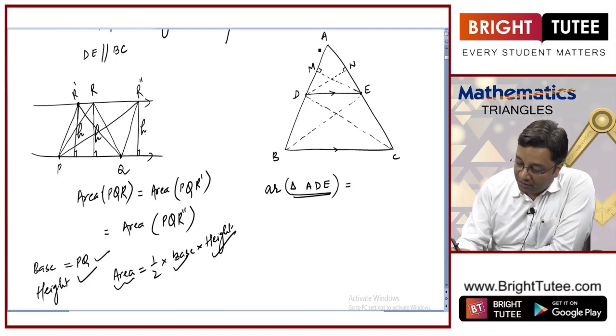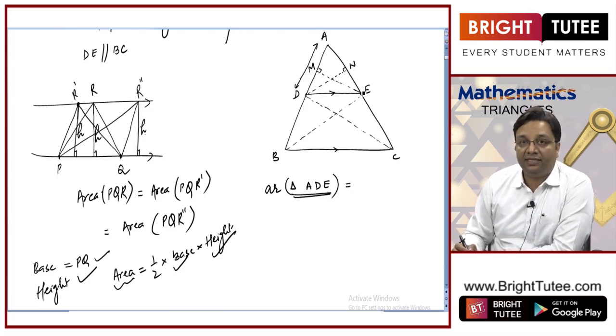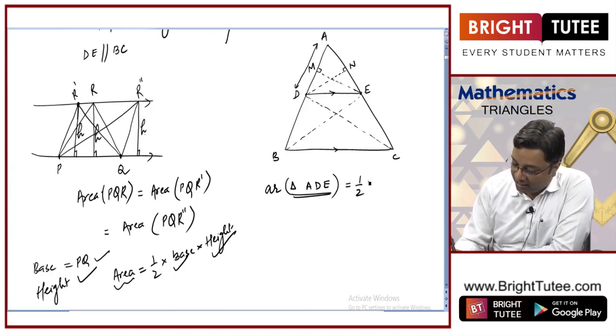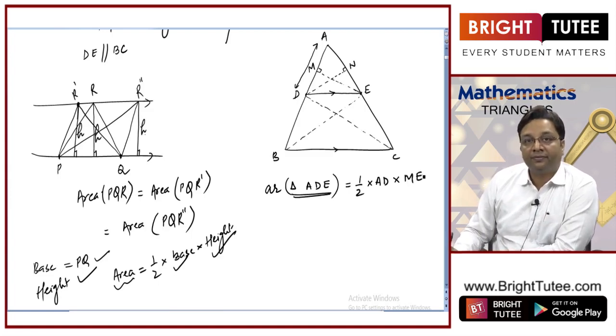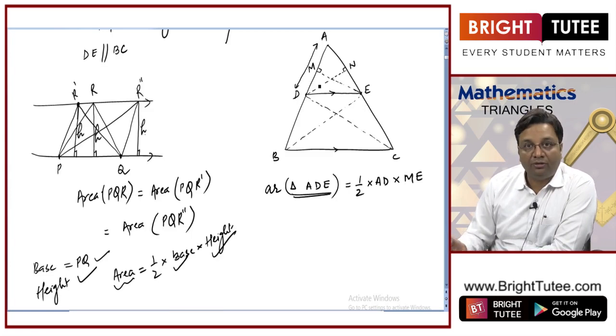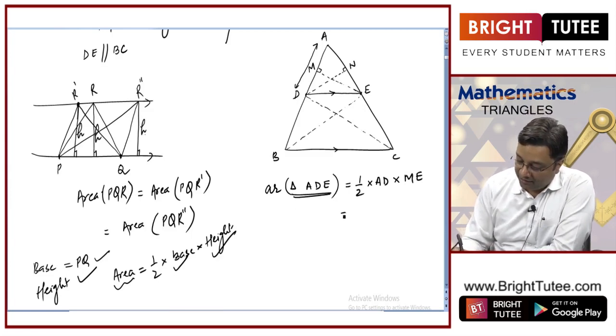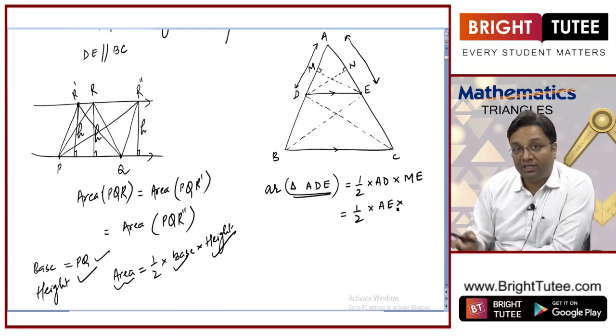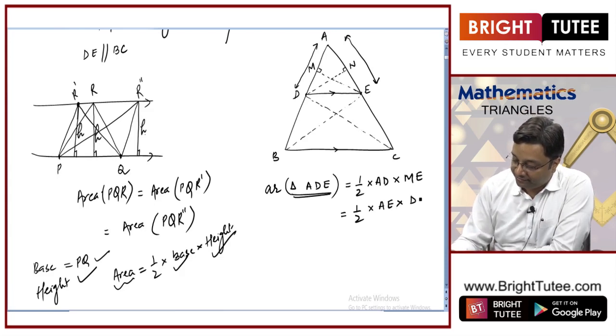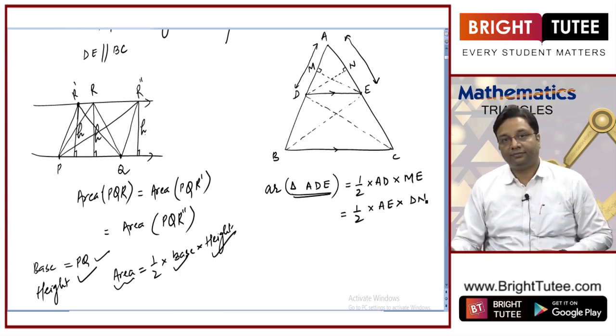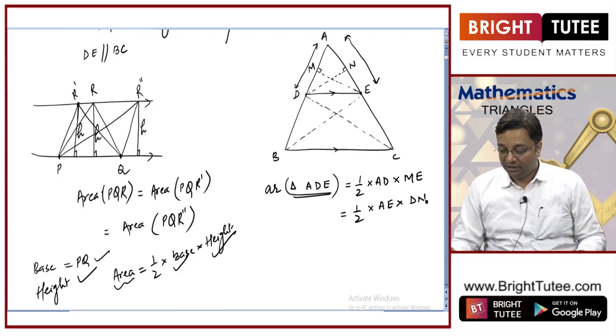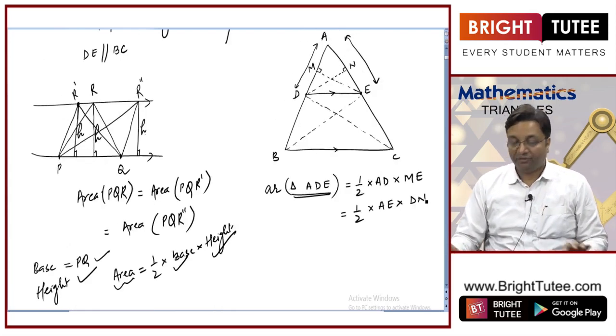It will be equal to, if I consider AD as my base and ME as the altitude, then the area will be half into AD into ME, right, half into base into height. And if I consider AE as the base, so the area will be half into AE into, now this time the altitude will be DN, right. This is one thing that I wanted to tell you.